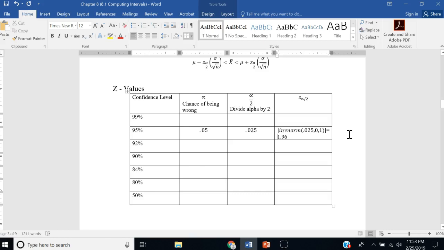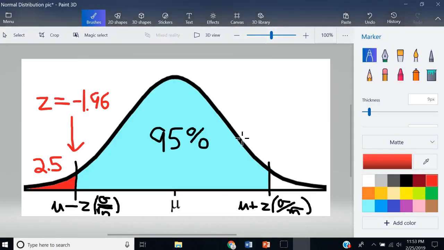Hopefully that makes sense. If it doesn't make sense, let me know. But essentially, the point of this is that we're using the inverse norm of alpha over 2 to get that number. And again, we're doing the positive 1.96. The reason I use positive 1.96 is because the left hand side already has a minus sign on it.